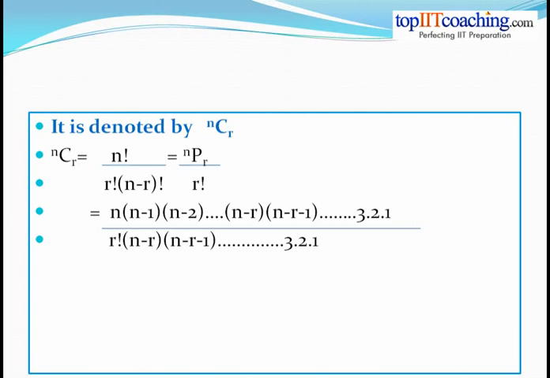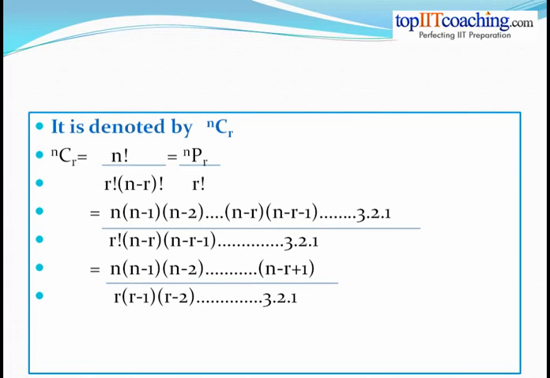So we see that n minus r into n minus r minus 1 up to 3 into 2 into 1 gets cancelled out, and what we get is nCr is equal to n into n minus 1 into n minus 2 up to n minus r plus 1, whole divided by expansion of r factorial, that is r into r minus 1 into r minus 2 up to 3 into 2 into 1.